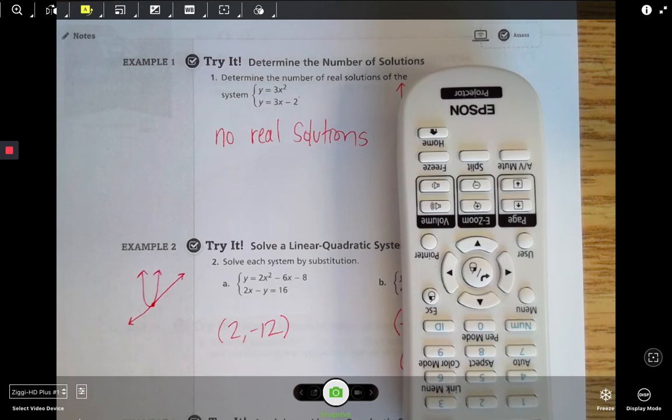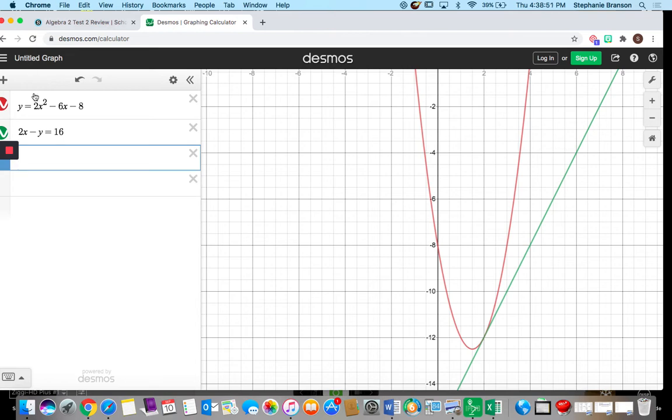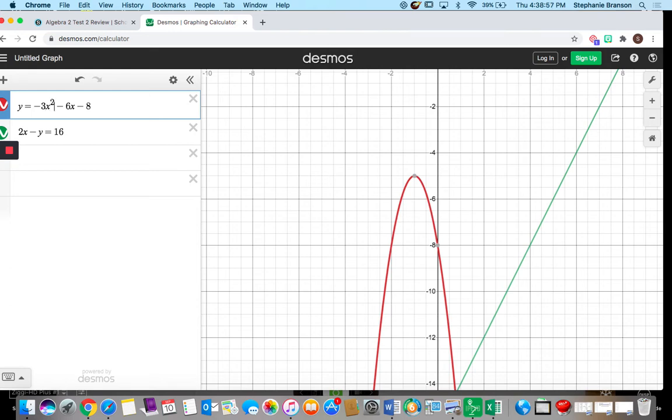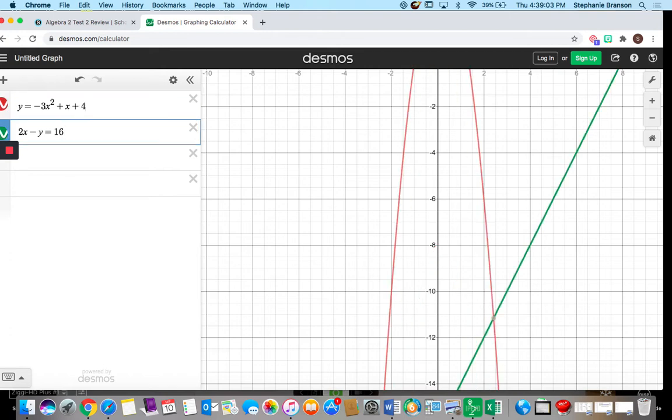All right, now my next equation. Negative 3x squared plus x plus 4, and 4x minus y is equal to 2.